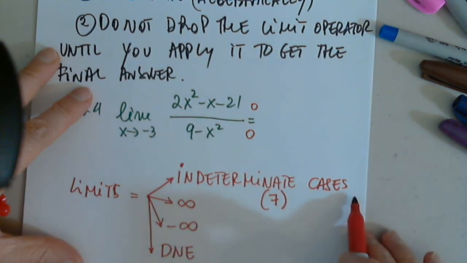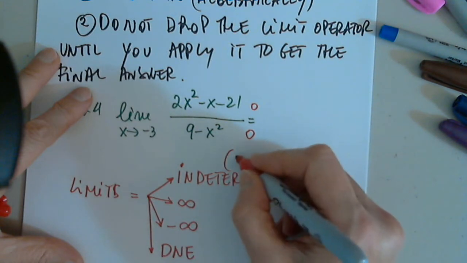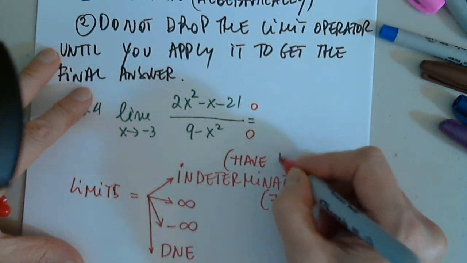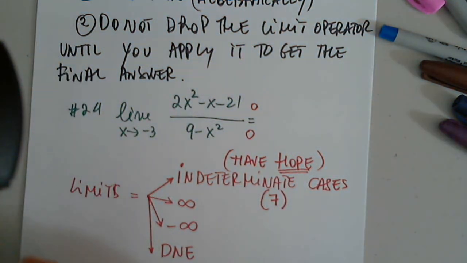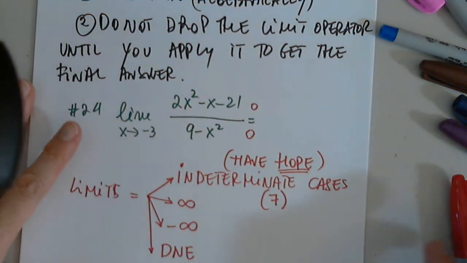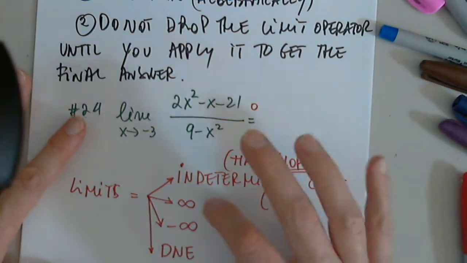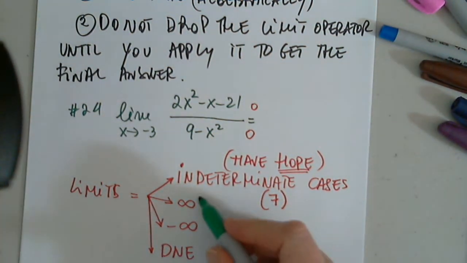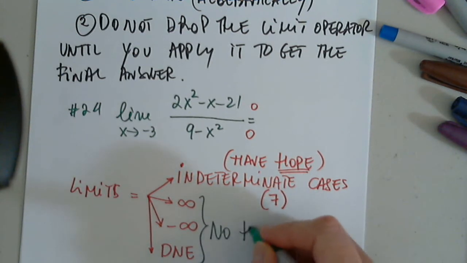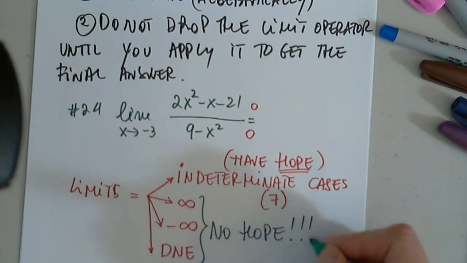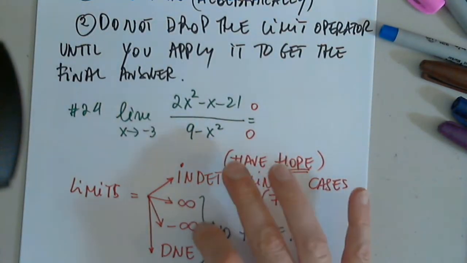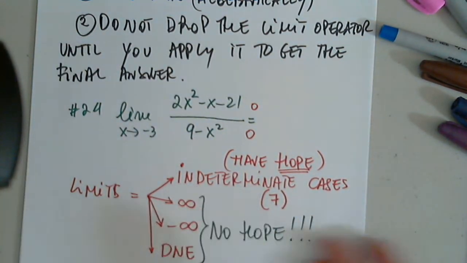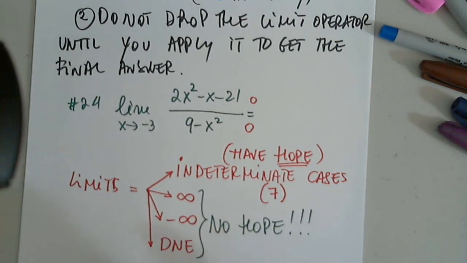All these indeterminate cases, I will write above, have hope for the limit to exist. So here, no hope whatsoever. These will never exist. If the answer is infinity, negative infinity, or DNE, done. Limits do not exist.